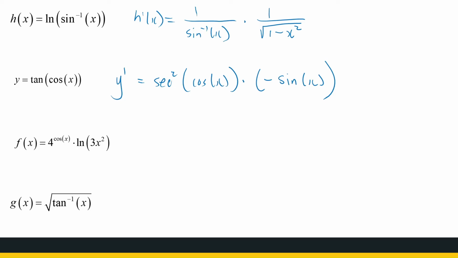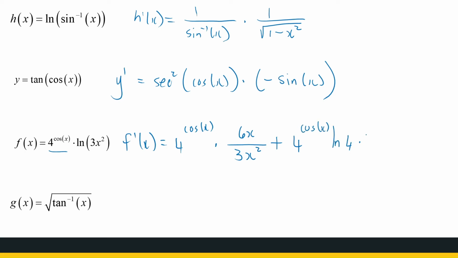4 to the power times ln, so again, first the product rule. So the derivative, we start with the product rule, so it's the first one, times the derivative of the second. The derivative of ln of something is 1 over that function times the derivative of that function, which is 6x, plus the derivative of the first part, so the derivative of 4 to the power function is 4 to the power function ln 4 times the derivative of the function, which is -sin x, multiplied by the second part, which is ln of 3x^2.